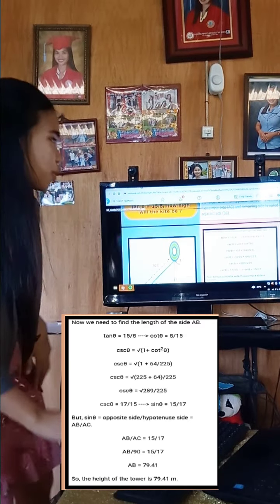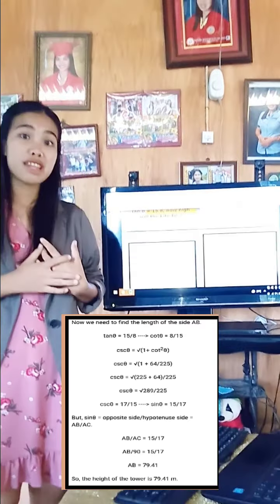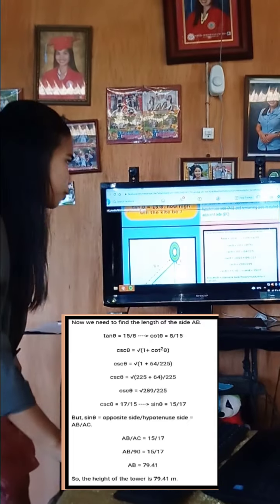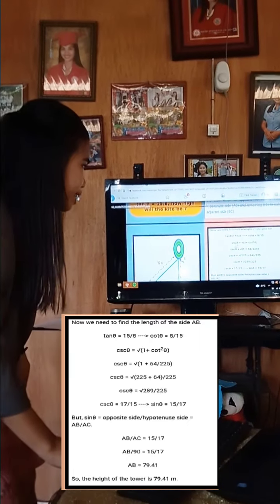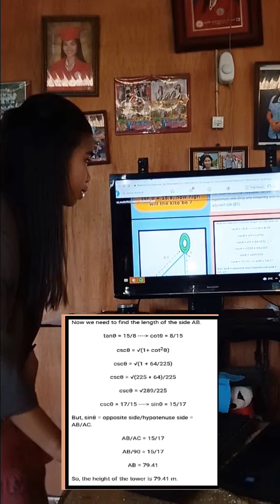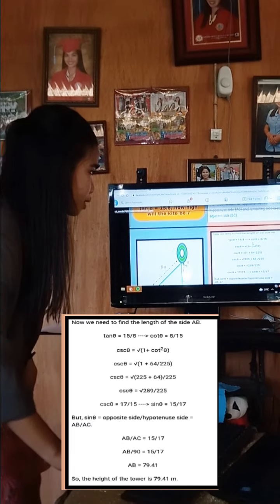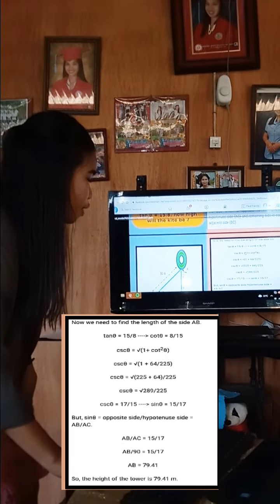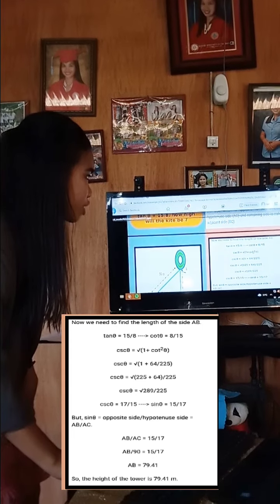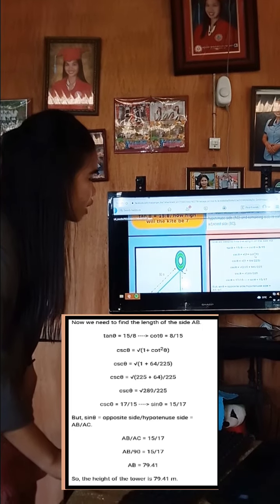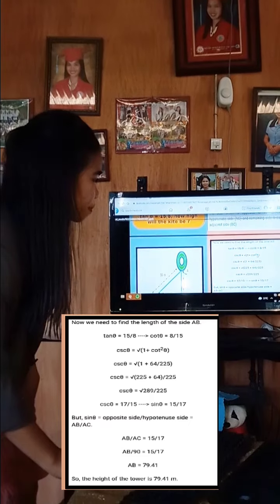In this problem, we are going to use many formulas. So the cosecant theta is equal to the square root of the quantity 1 plus cotangent squared theta.